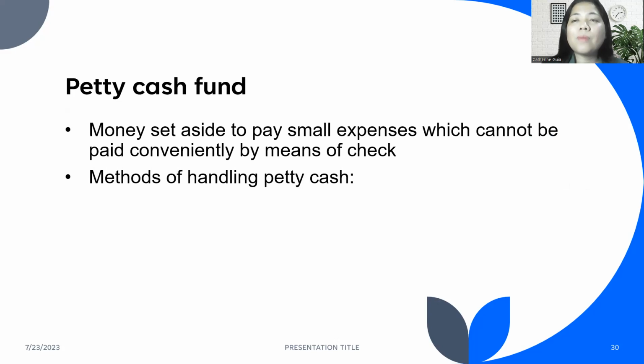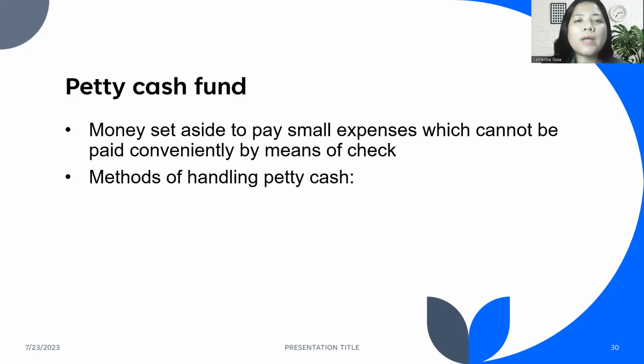So remember in imprest system, the disbursements are evidenced by means of a check, but not all disbursements should be paid by check. We have small expenses which cannot be paid conveniently by means of check. Imagine if you will pay 30 pesos or 50 pesos of expenses and you have to pay through check. It's very inconvenient. That's why we have a petty cash fund to pay small expenses.